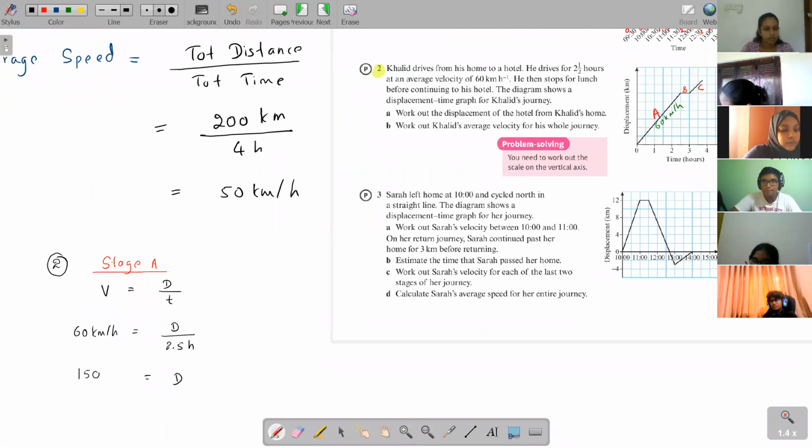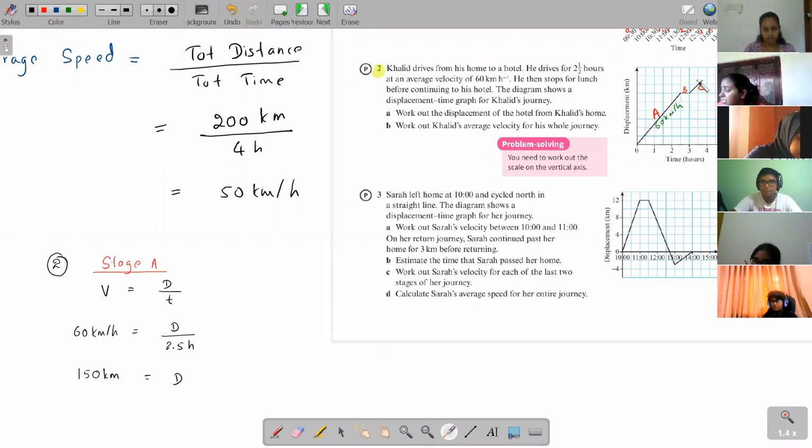150 kilometers. This is the answer that you all gave for part A. I can now see the 150 kilometers. Okay, so 150 kilometers for part A. Is the answer correct or wrong? Work out the displacement of the hotel from Khalid's home. Is the hotel situated at the end of stretch A, or is it at the end of the whole journey, which is the end of C?